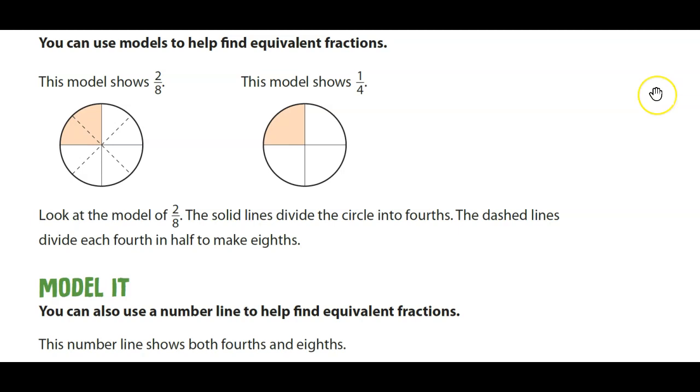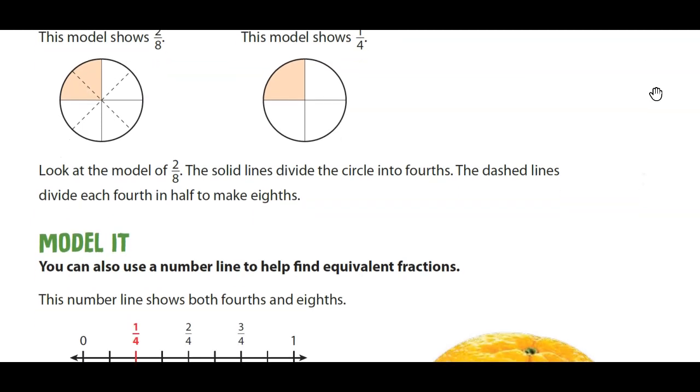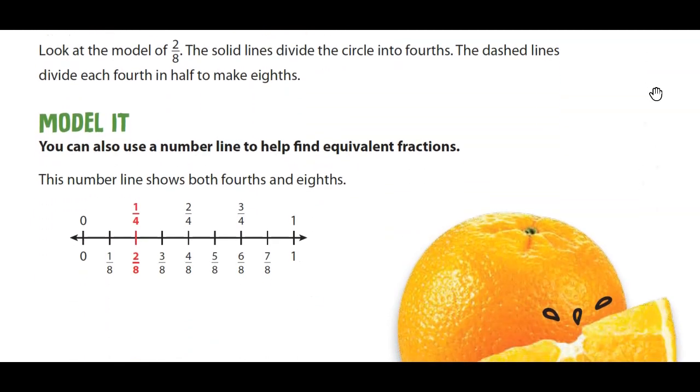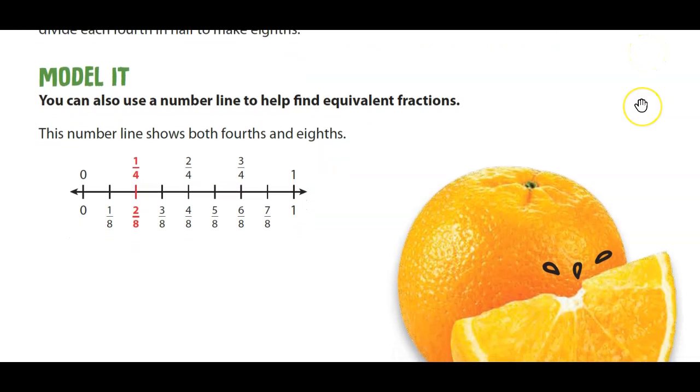It says look at the model of 2/8 and the solid lines divide the circle into 4ths. The dashed lines divide each 4th in half to make 8ths. And then if it's on a number line, this is what it looks like on a number line. So tell me, 3/4 is equal to how many 8ths?